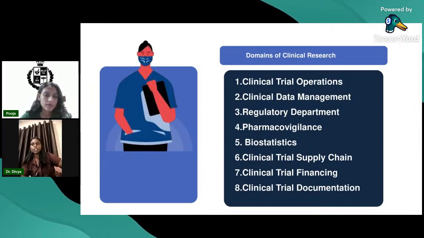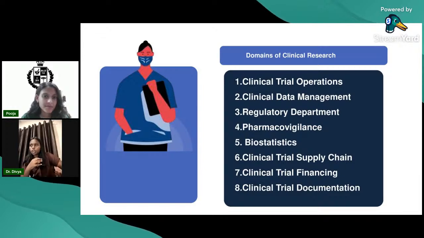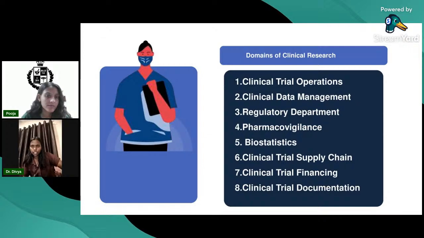They can be scientists, doctors, nurses, pharmacists, field workers, all people who are involved in the process of getting people into a clinical trial, giving them the drug, and then following them for the effect. All these processes come under clinical trial operations.